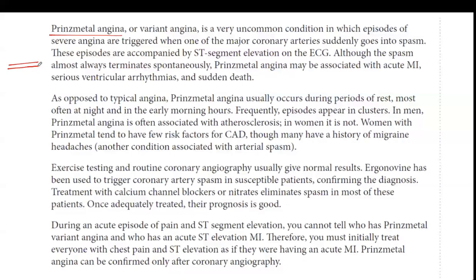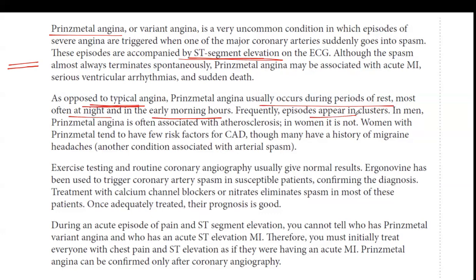So they get vasospasm. Because of vasospasm, they get the pain because their coronary artery is not flowing as it should. And during the vasospasm, there will be ST segment elevation on the ECG. Remember, as opposed to typical angina, Prinzmetal angina occurs during rest, mostly at night and in the early morning hours. And it comes as a cluster.